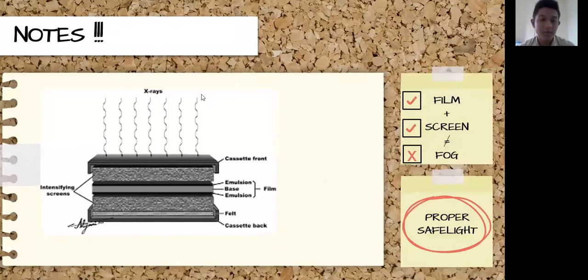First, the X-ray emitted from the X-ray tube will interact with the intensifying screen, precisely in the fluorescent layer. In the fluorescent layer, the phosphor absorbs the X-ray beam and converts it into visible light, which is more useful and efficient to make the radiographic image.